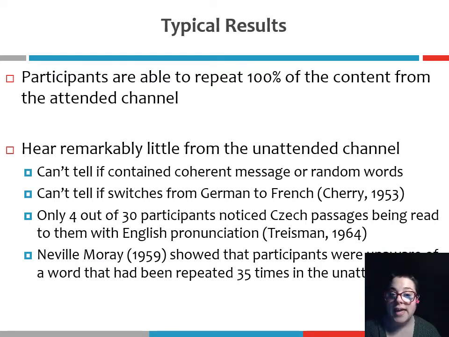Right? They can't tell if the speaker in the unattended ear switches languages, so switching from German to French isn't detected by most participants. And similarly, only 4 out of 30 participants noticed Czech passages being read with an English pronunciation.